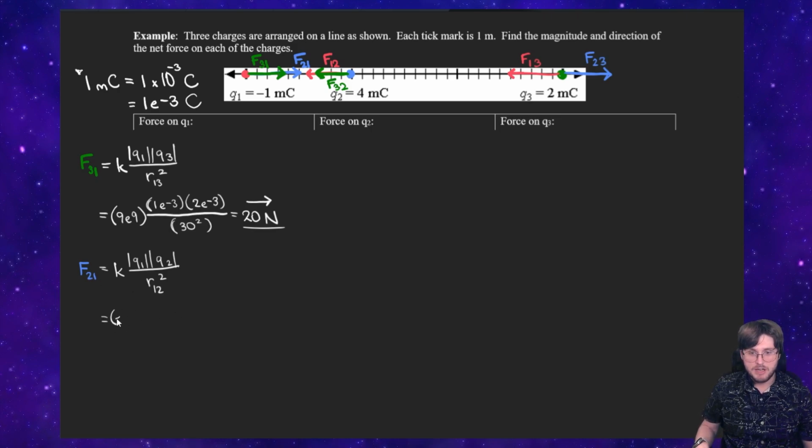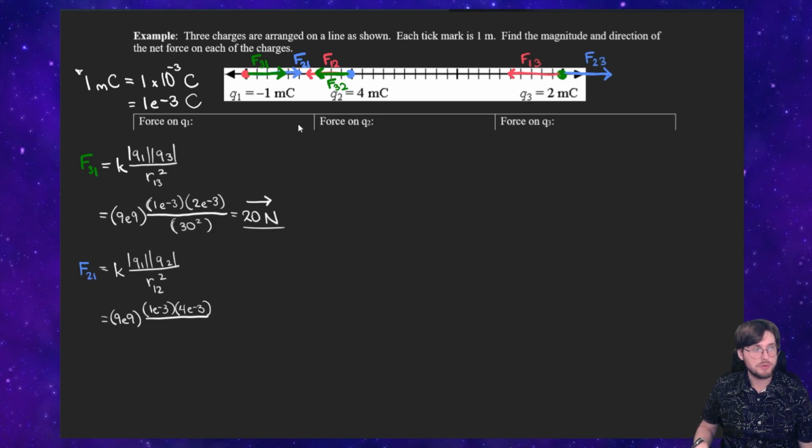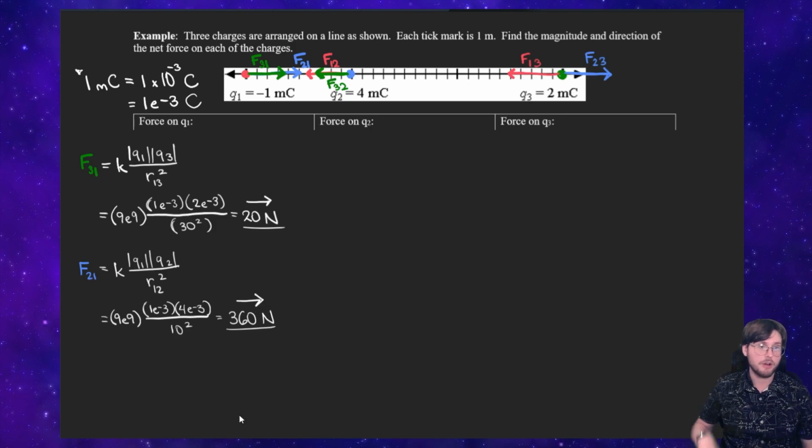We've got 9e9 for Coulomb's constant, 1e negative 3 for Q1, and then we have 4e negative 3 for charge 2, and then we're dividing by the distance between these two, where the distance is about 10 tick marks, so it'll be 10 meters squared. If you evaluate that in your calculator, that'll amount to about 360 newtons. And again, this force is acting to the right, so we'll just draw a little right arrow to indicate direction.